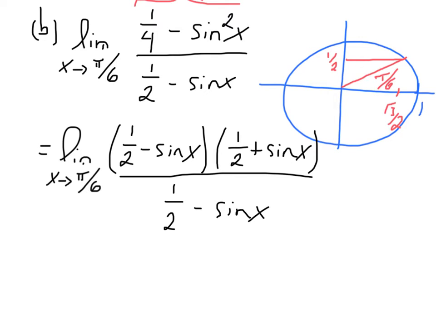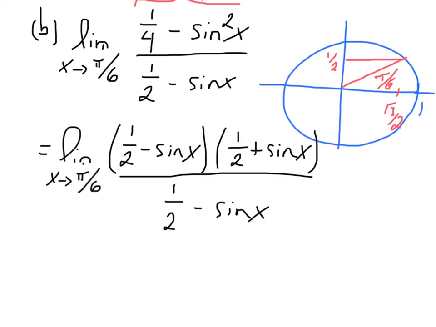Okay, well, this is good because our denominator was 0 at pi by 6, and now we'll be able to cancel this denominator with 1/2 minus sine x, which we see in the numerator here.